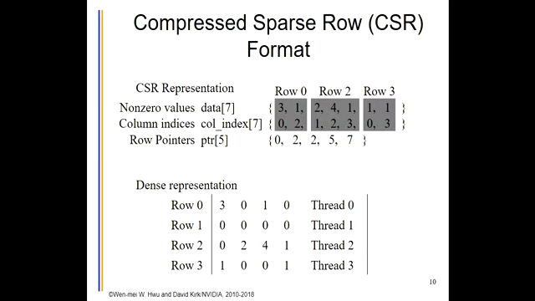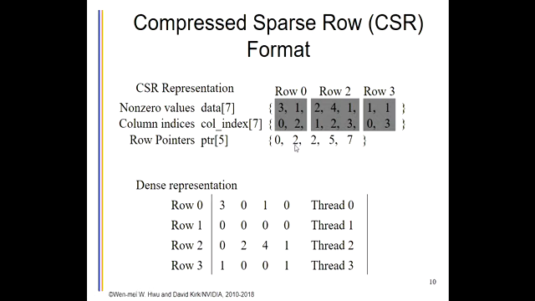And then you could have a situation where a row is completely 0. It may happen. If the row is completely 0, all the elements would have been squeezed out. So if you look at this representation, row 1 completely disappears. However, we leave a trace.